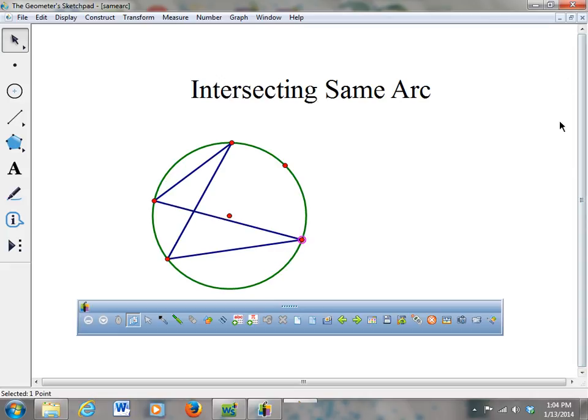Watch. Let's put labels on these angles: A, B, C. If I want to measure this, I choose measure angle.